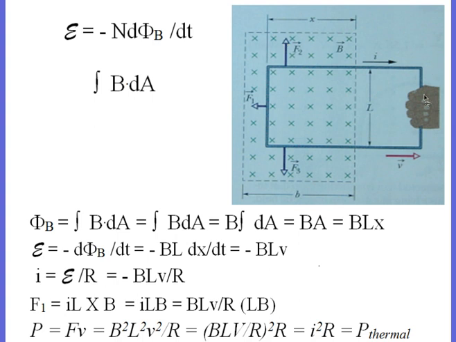And on this fourth side, F4, there would not be any force because there's no magnetic field. Yeah, there's current there, but there's no magnetic field that the current is running through, so there would be no force on that side of the wire.